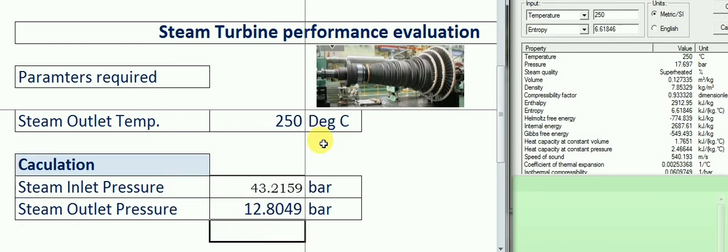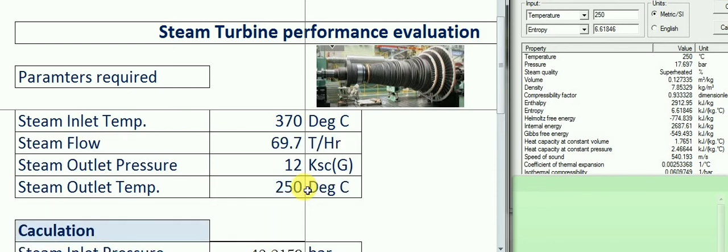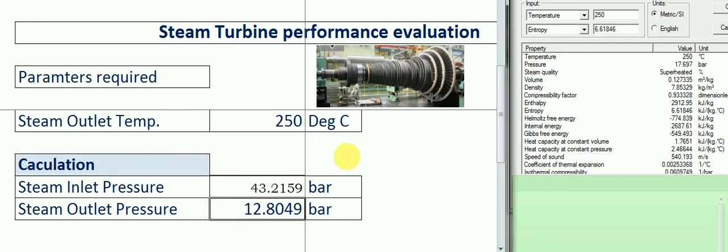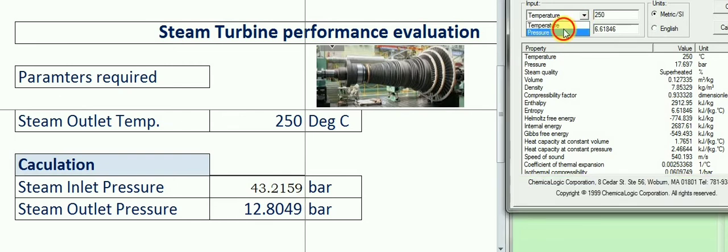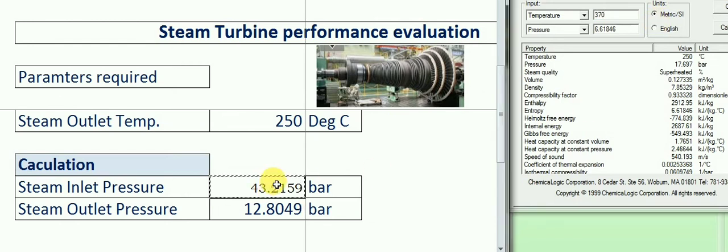So we go for the steam table calculation. Take the pressure of 43 point, and we can use the steam table chart, or we can use an online one. At 370 degrees centigrade, in this steam table we want to take absolute pressure only, and it gives the enthalpy as 3135.89.